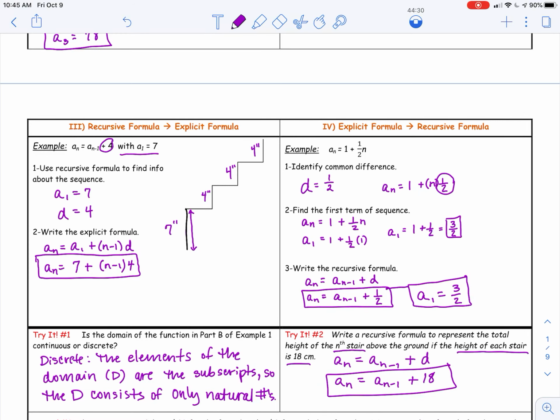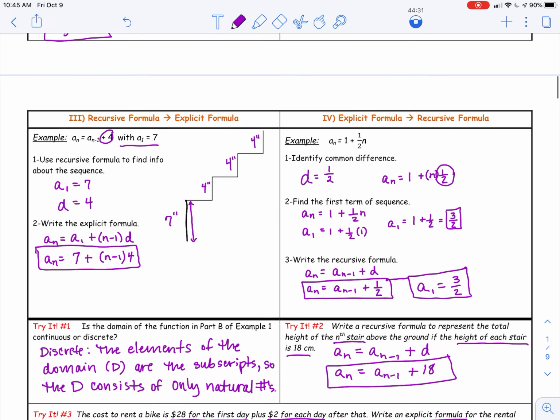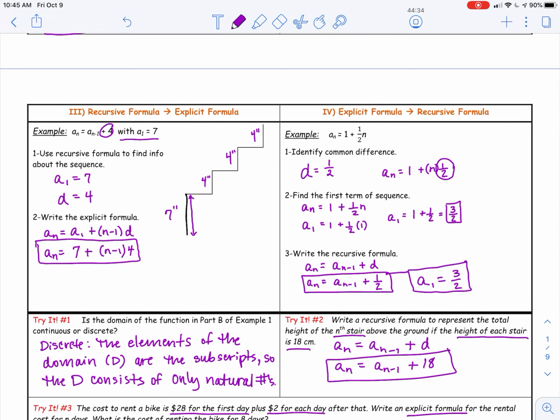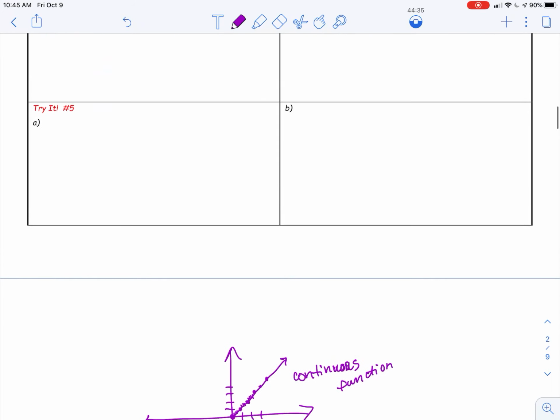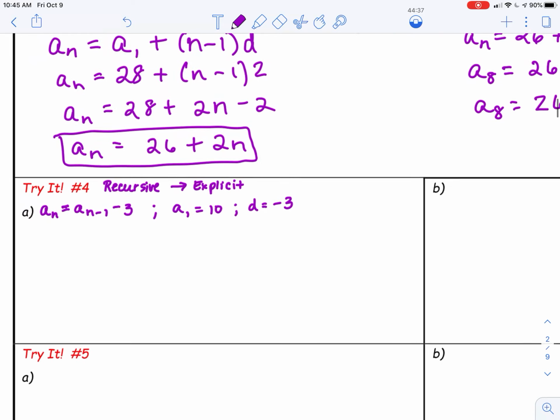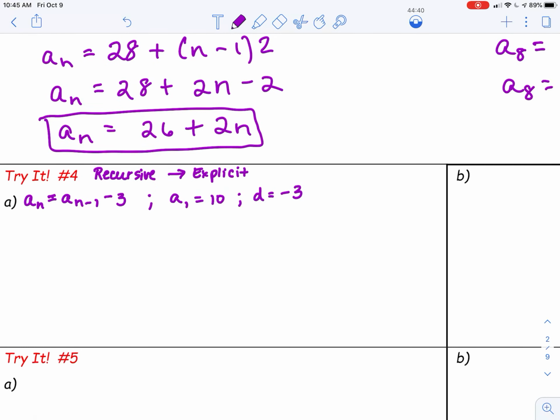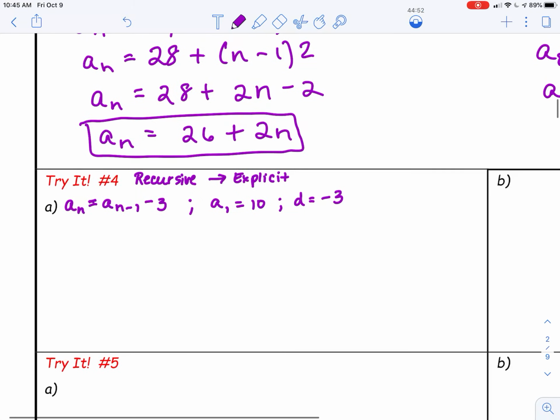See where I circled the 4 up here in number 3? Remember, that is your difference. That is how much a sequence is increasing by or decreasing. And in this case, we see that it's decreasing because it's decreasing with a negative number, -3. So that means your sequence is subtracting 3 for each term.